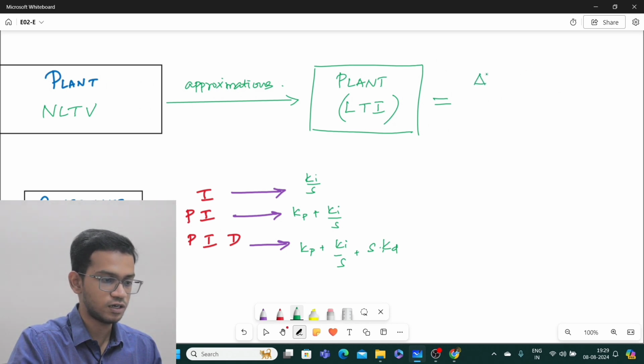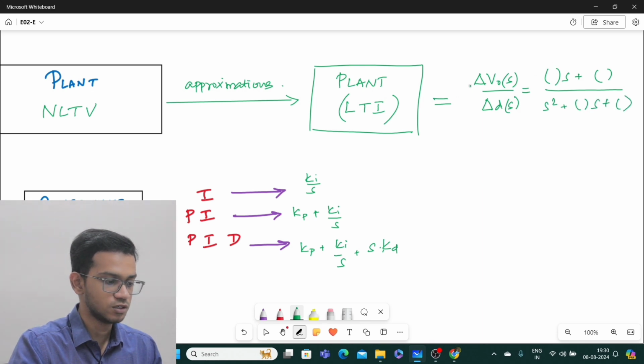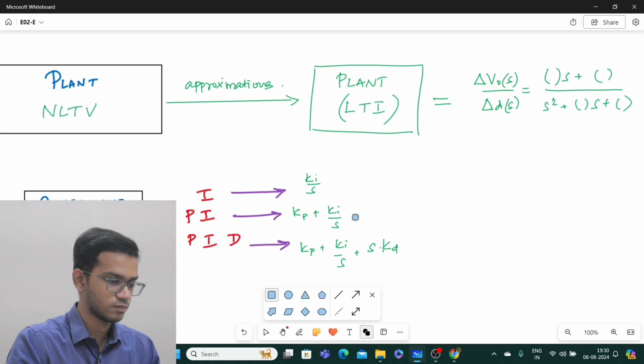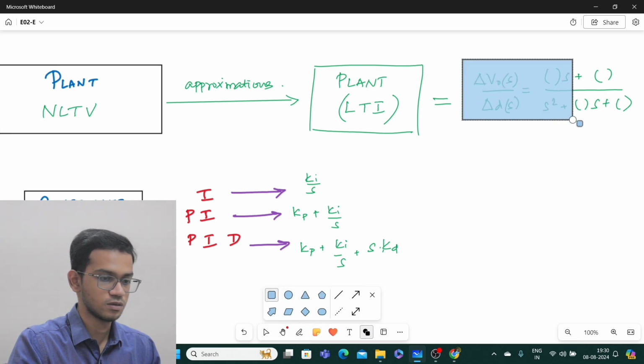We typically call that transfer function del V naught of S by del D of S, which will be something into S plus something upon S square plus something into S plus something. It will be like this. So this at the end of the day is going to be your transfer function.